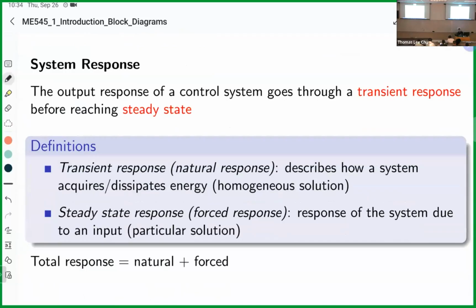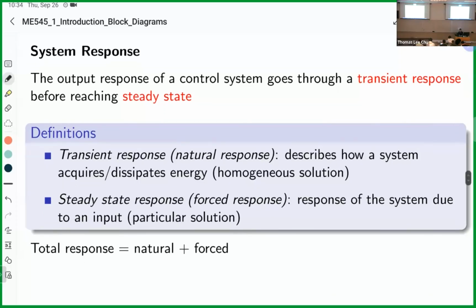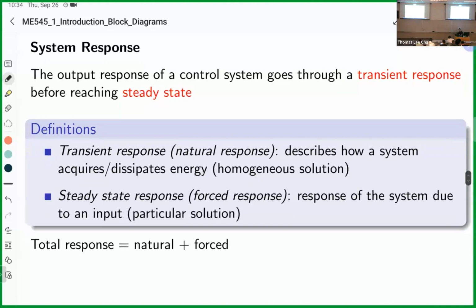In math terms, we call it the homogeneous solution. Think of the transient response as also being dependent on time. And then the steady state response, also known as the forced response, is the response of the system due to an input. In math terms, that's just the particular solution. So then when we look at the total response, it's going to be equal to the natural plus the forced response, or in this case, the transient plus the steady state response.